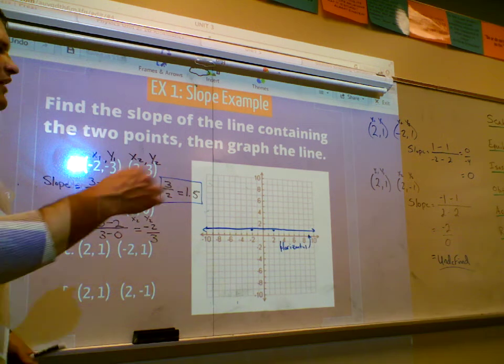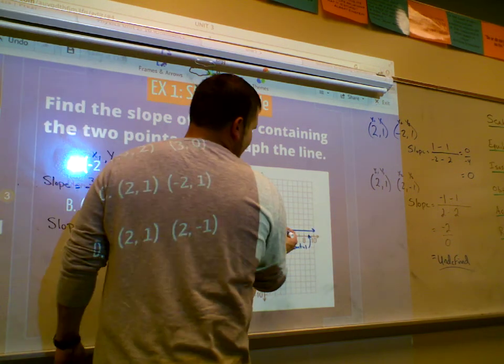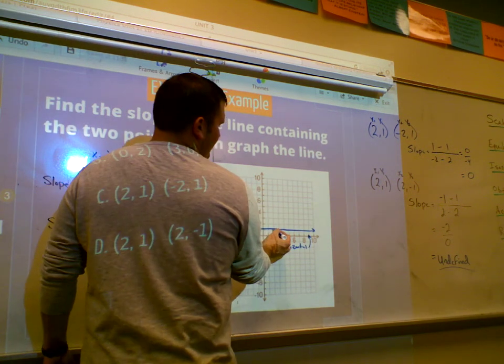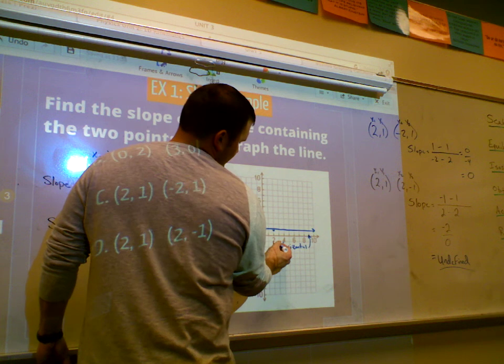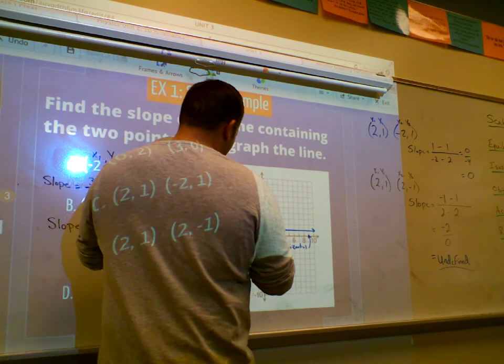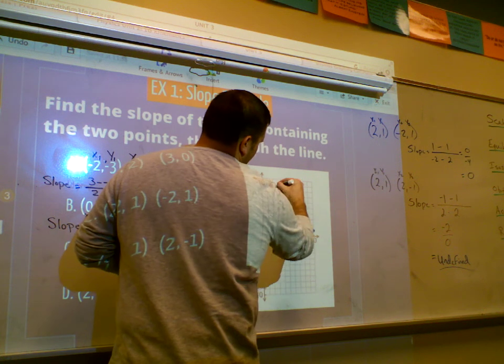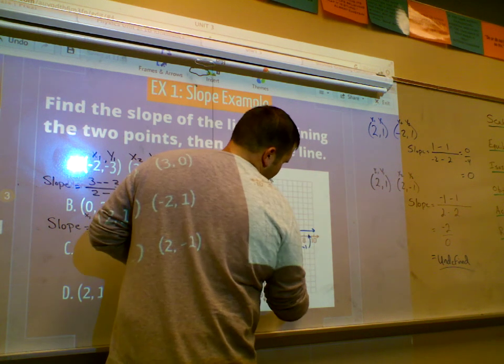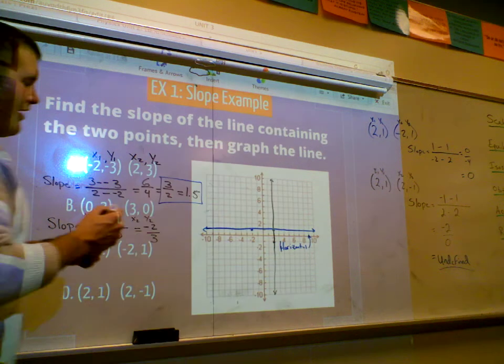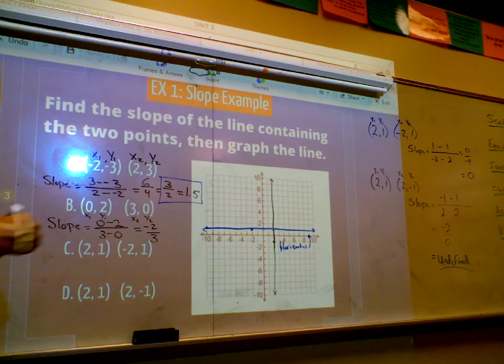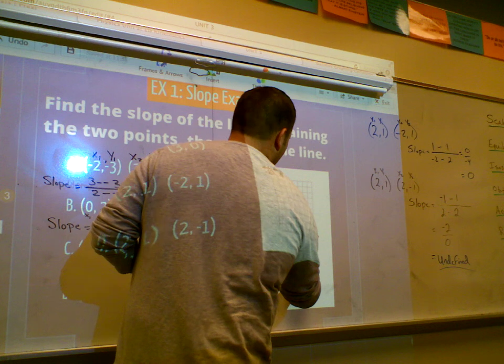Now if I graph this line, it's (2, 1), which I already have, and (2, -1). Well, I've got some black, so it's different. So that one is what type of line? Horizontal or vertical?